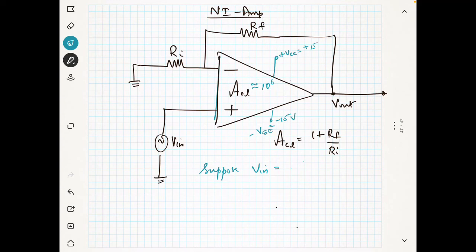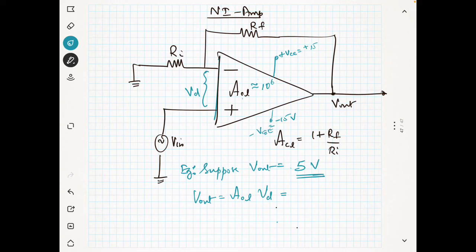Now let us assume that my V out is, let's say, 5 volt. What will be my VD? I told you that my V out can be written as AOL into VD, that means the open loop gain into this difference voltage. My VD will be very small, right?